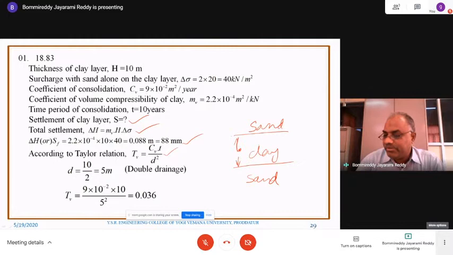So D will be equal to H by 2, 5 meters because of double drainage. And substituting in TV, you will get 0.036 time factor, because CV you know, T you know, and also D square you know. What is it that you need to calculate? The S value.